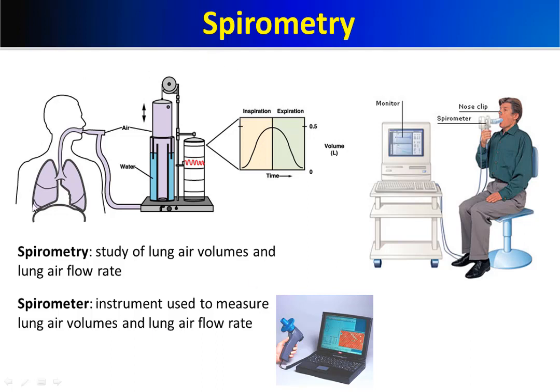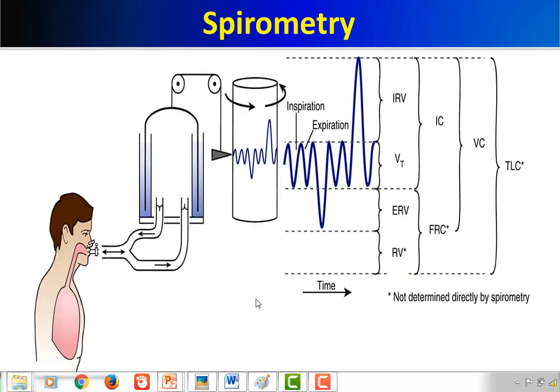This is an old spirometer, and now we have got the more recent digital spirometers. So the spirometer is essentially an instrument which measures the lung air volumes and lung air flow rate.